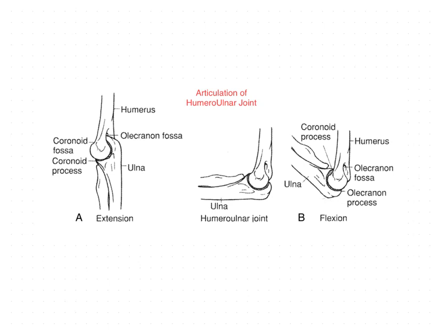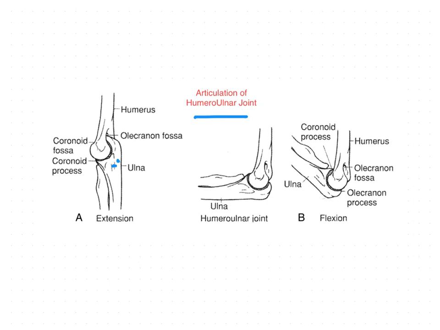Yes. Now we will see the articulation of the humero-ulnar joint, the articulation between the ulna and the trochlea. How does the articulation take place here? The articulation between the ulna and the humerus occurs primarily as a sliding motion, which is very important.